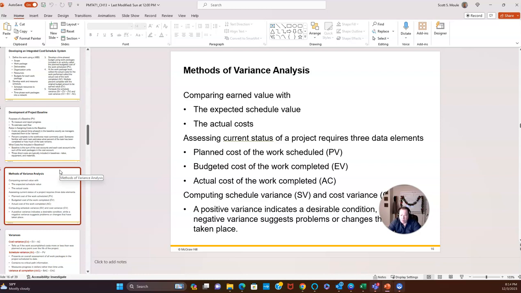So throughout the project, all you're doing is comparing your plan with the reality. We're 1 month in. I expected to complete this item and this item. I expected it to cost this much money. How much did it actually cost? That's all you're doing throughout the project.